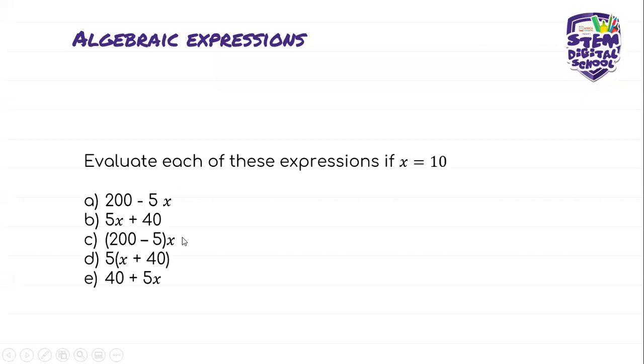Now the question that I have for you: will the value in A be the same as the value in C? Given that you have 200 minus 5x, and in this case you have 200 minus 5, and then x outside the bracket. Are you going to have the same answer for A and C? That is the key question. But for you to find out whether you have the same answer or not, you need to work it out.